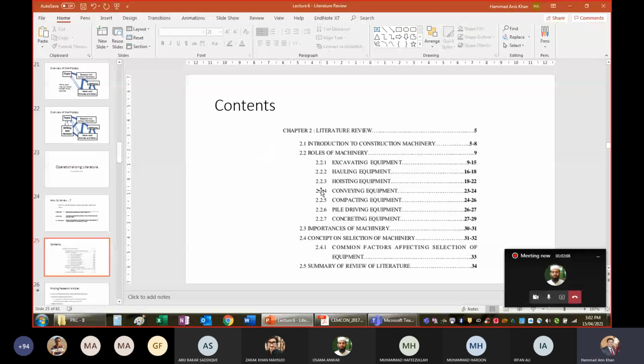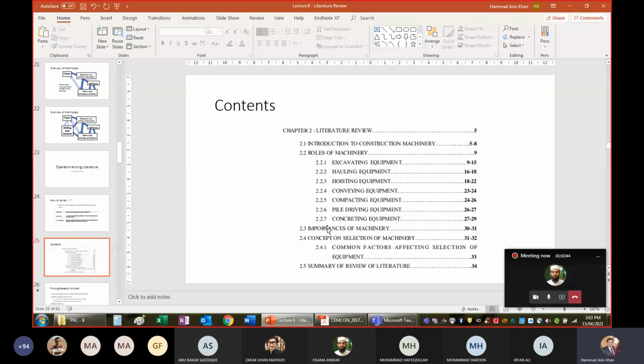When you are trying to make a literature review chapter, this is just an example. For example, this is a chapter on construction machinery, maybe. He has given the introduction, then roles of the machinery, importance of the machinery, concepts on selecting a machinery, and the summary of the review of the literature. It is a 30 pages chapter, and he started with just the introduction, then what machinery is available, importance, and the concepts on selection.